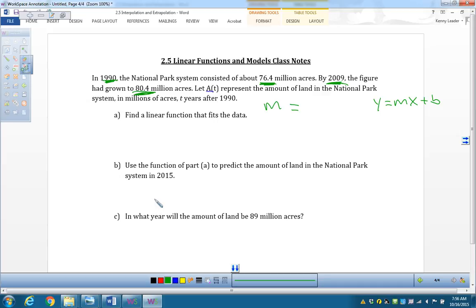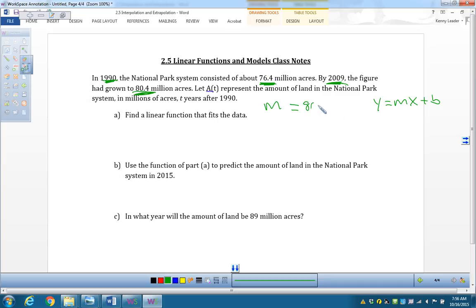Go ahead, Kaylee. You would take the 80.4 million acres and subtract 76.4 from that, and then take the 2009 and subtract 1990. Perfect. You don't have to put millions because it says let A of T represent the amount of land in millions.